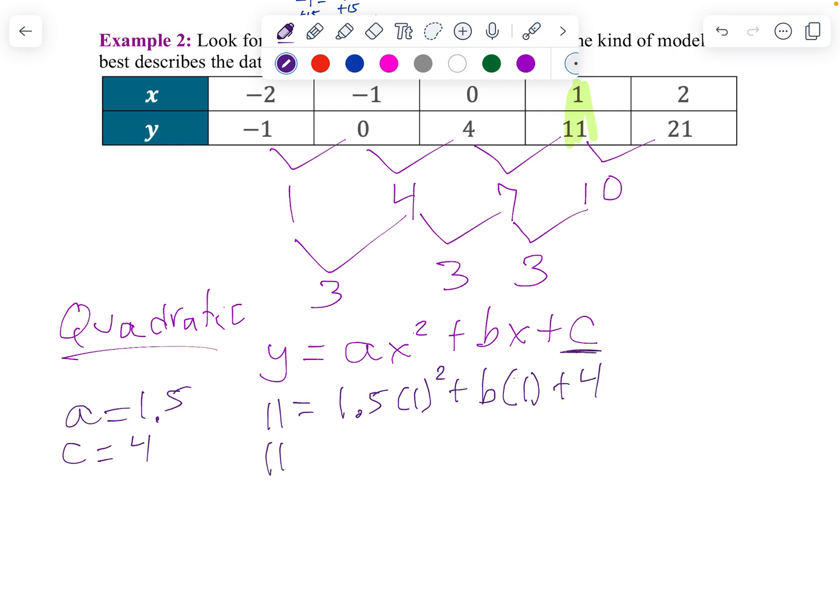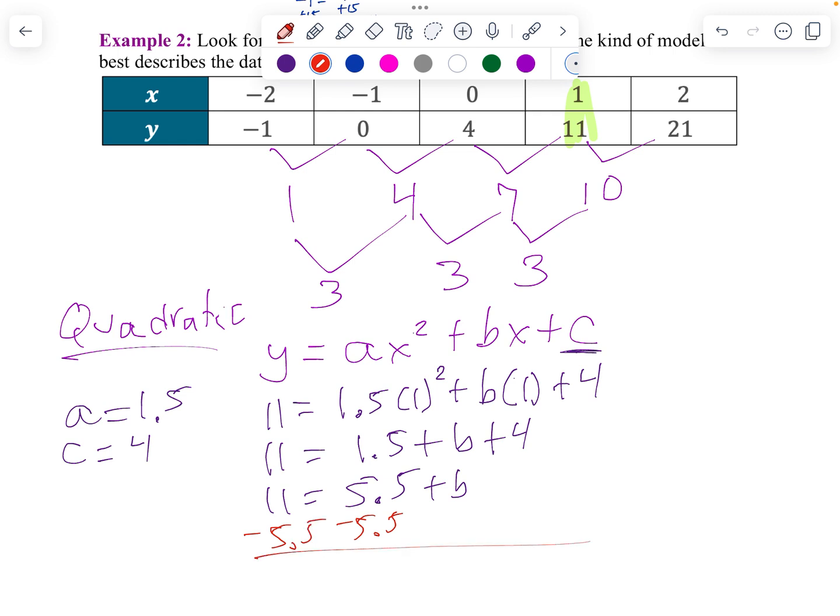So we get 11 equals 1 squared is 1 times 1.5 is 1.5 plus b plus 4, or 11 equals 5.5 plus b. Well, minus 5.5 from both sides, and notice b is 5.5, isn't it? Kind of weird that one worked out that way.